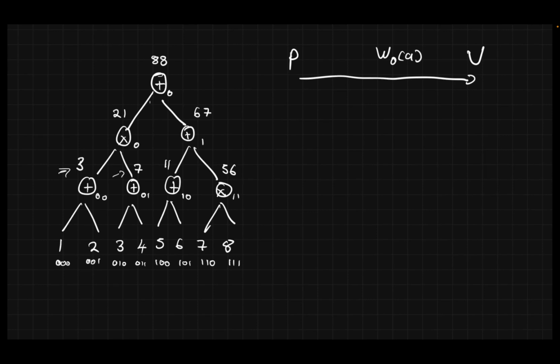Once that has been sent, the verifier will sample a random challenge from the field and send it to the prover. Then the prover and verifier will evaluate that W0 of A at R. That's where they'll start the protocol from.